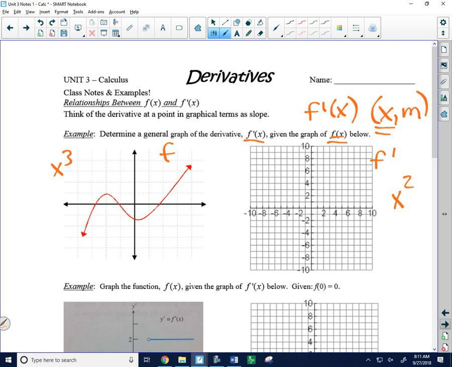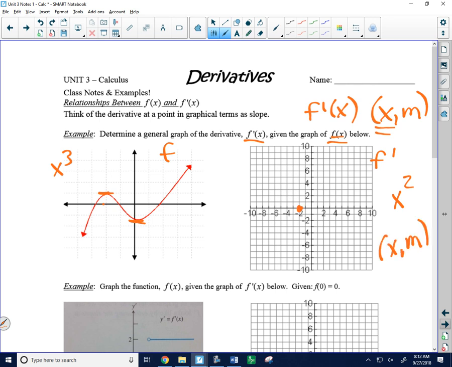Now, I can get a little bit more accurate because right here, I know these slopes will be 0. We're at a little bit of a maximum and minimum here. So at x equals -2, the slope is certainly 0. Again, I'm plotting x down.